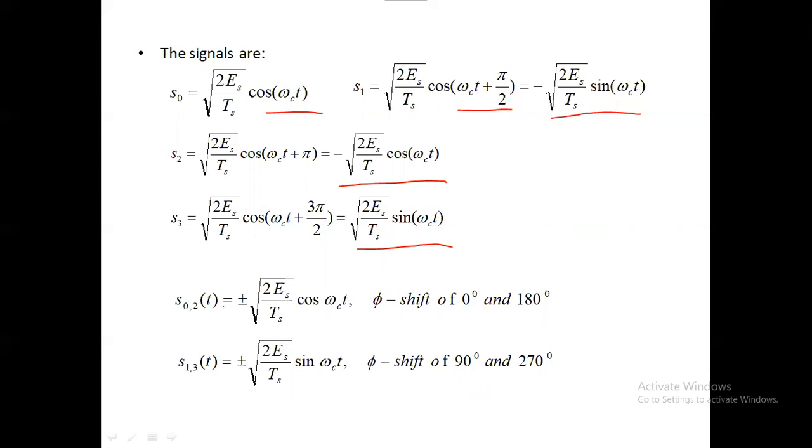So symbols 0 and 2 are represented by the in-phase component with 0 and 180-degree phase change, and symbols 1 and 3 are represented by 90 and 270-degree phase change.